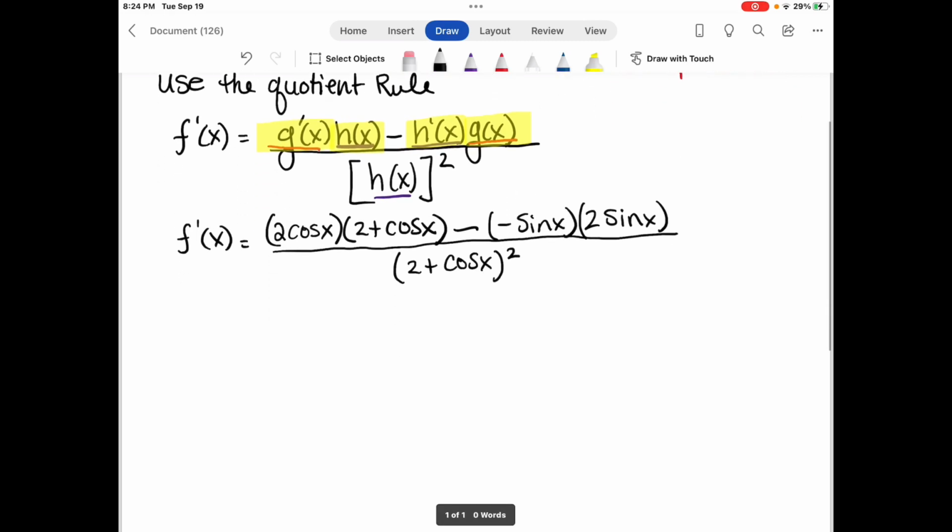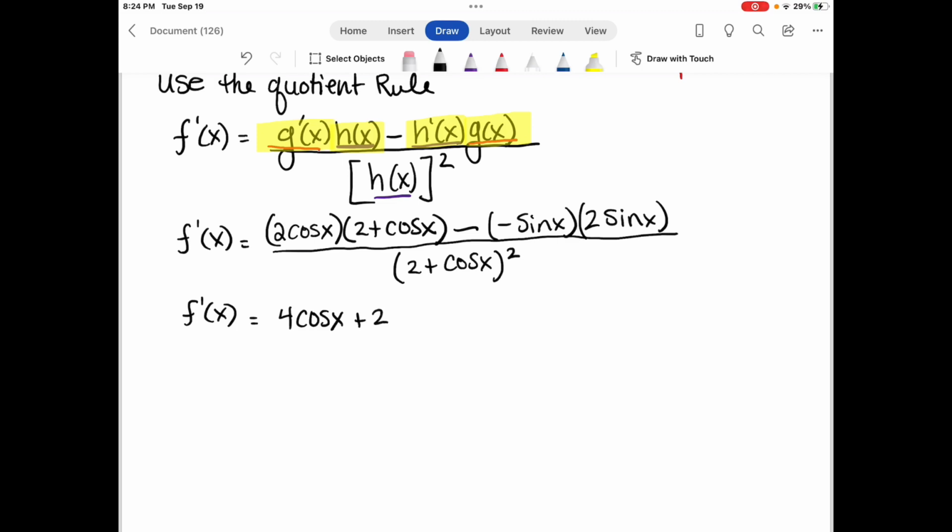So now we've got the derivative here, but now we just got to simplify it. So I'm just going to FOIL everything on the top to start. So I'm going to take 2 cosine x and multiply it by 2. That gives me 4 cosine x. Then I'm going to take 2 cosine x times cosine x.